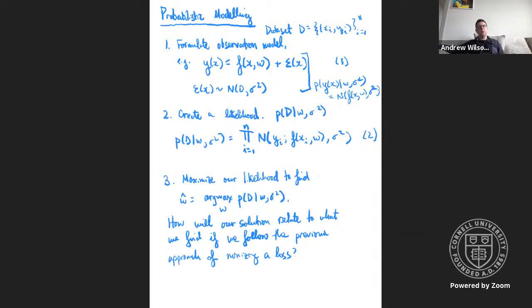Will the solution that we find following this approach be the same or different than minimizing squared loss like we were considering before? 1 for the same, 2 for different. All right, everyone's saying it's the same, which is good news in this case.